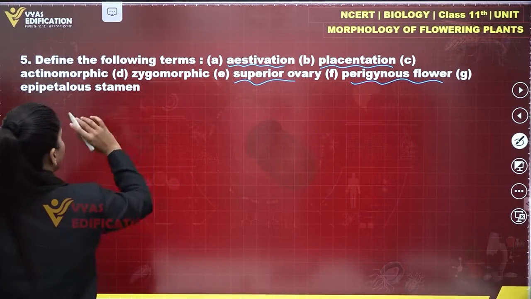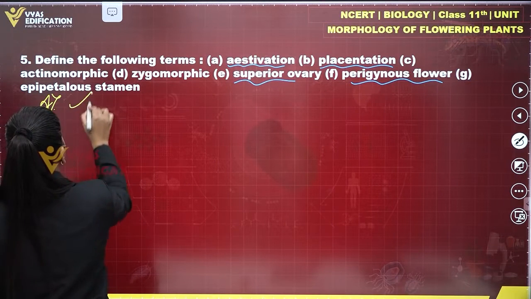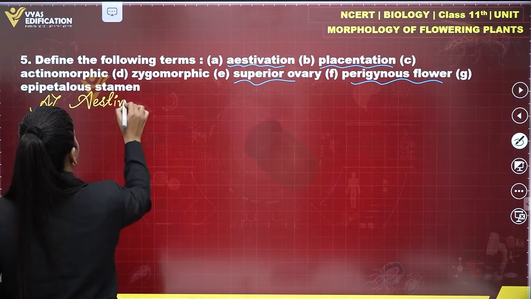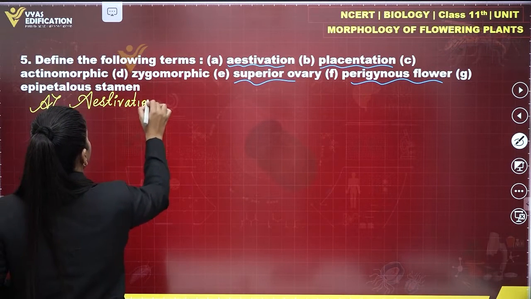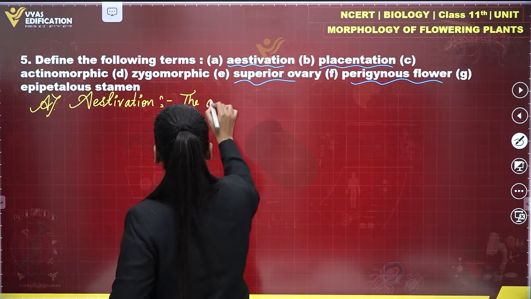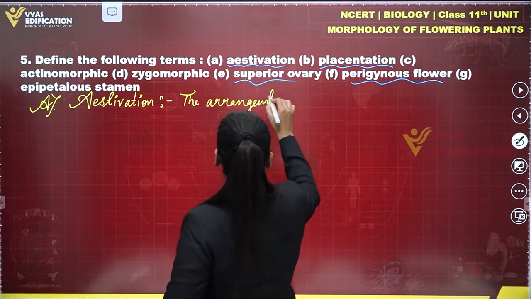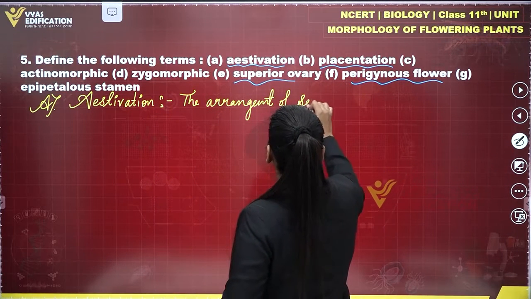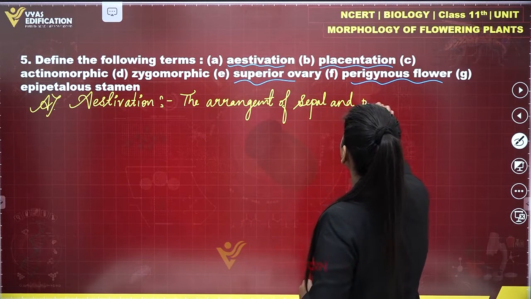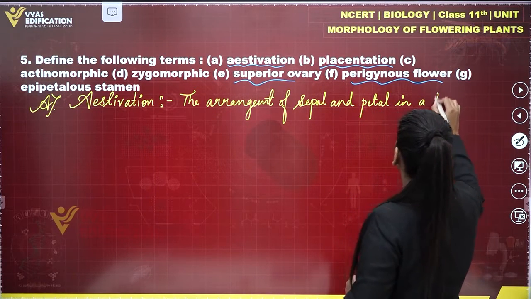We have to define all these terms. So we are starting from the first one, that is estivation. Now what do you mean by estivation? We know that it is the arrangement of sepals and petals in a floral bud.